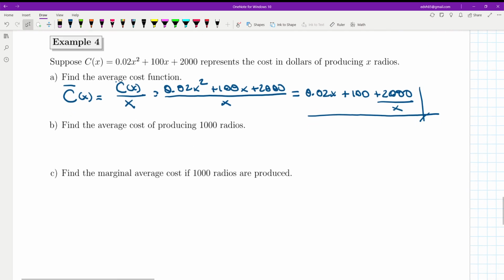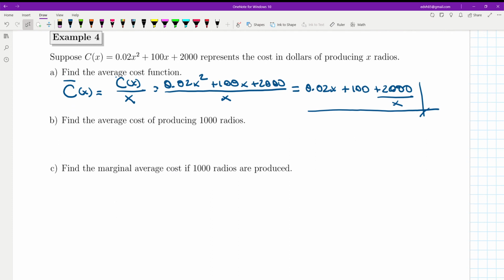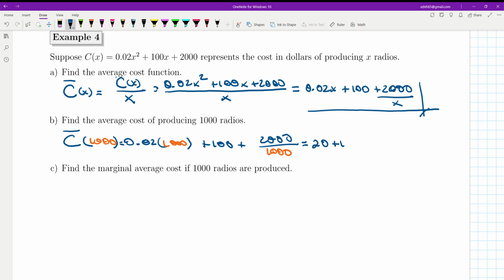Find the average cost of producing 1000 radios. Well, the average cost function evaluated at 1000 is 0.02 times 1000 plus 100 plus 2000 over 1000. 0.02 times 1000 gives us 20, plus 100, plus 2, which is the result of dividing 2000 by 1000.